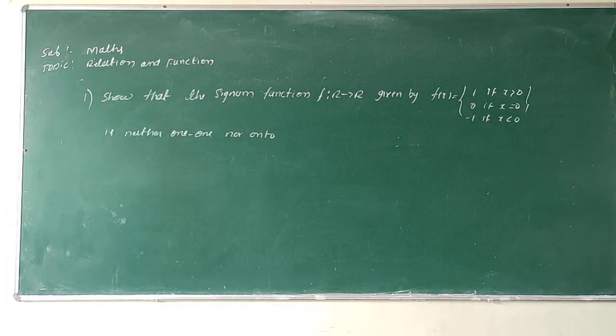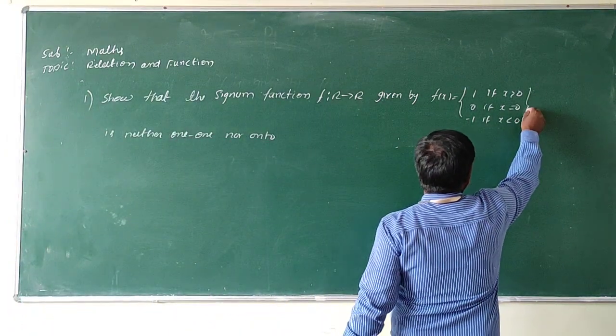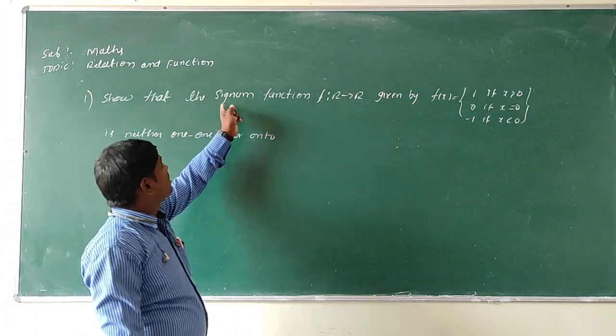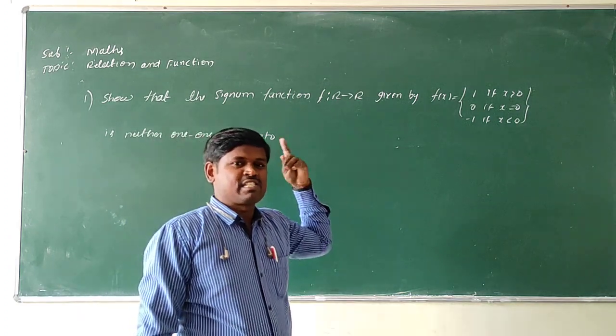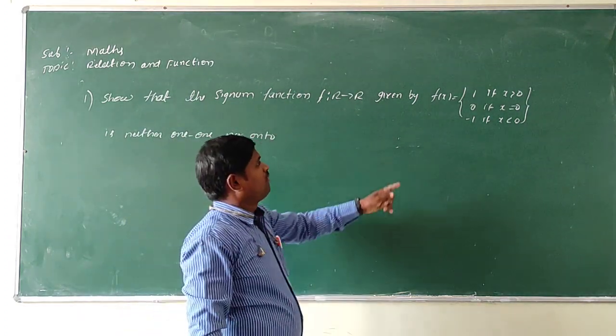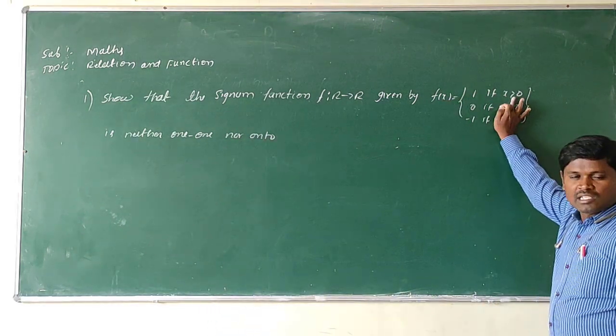So see here, show that the Signum function. Already you know the Signum function; in the first year we discussed it. So the Signum function f is mapping from R to R, given by f of x is equal to 1 if x is greater than 0.